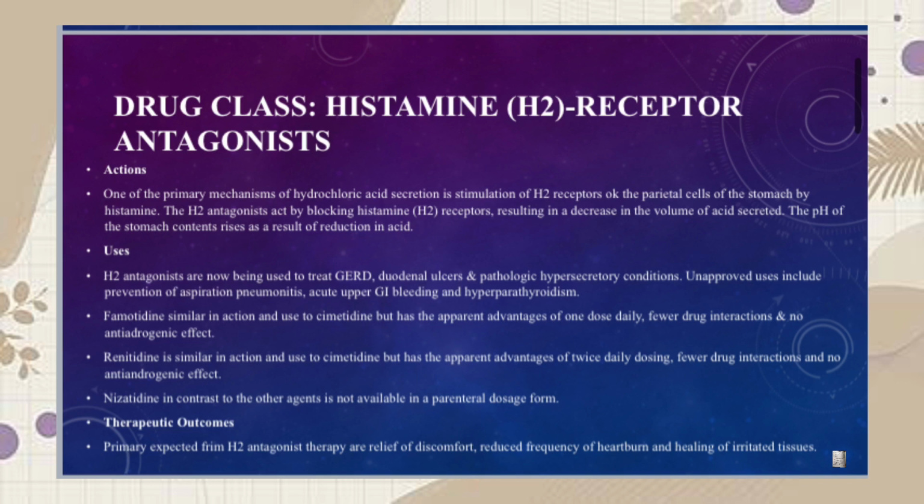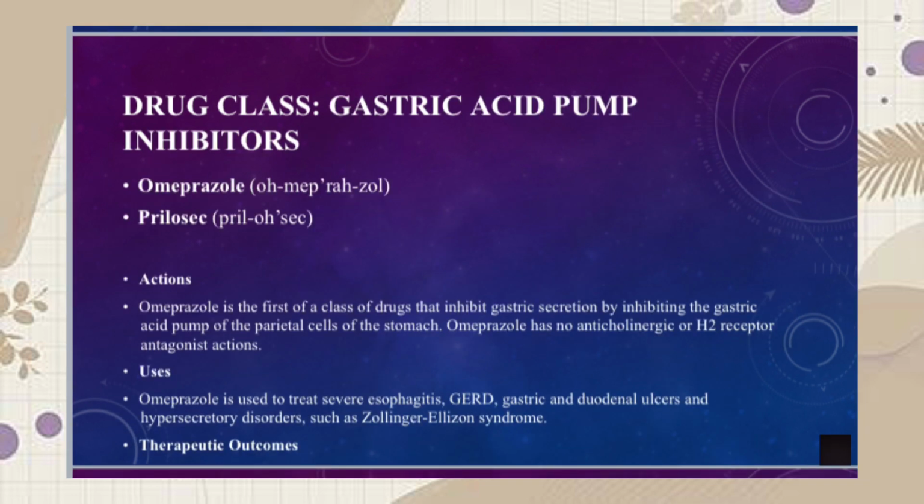Therapeutic outcomes. The primary therapeutic outcomes expected from H2 antagonist therapy are relief of discomfort, reduced frequency of heartburn, and healing of irritated tissues. Drug class: gastric acid pump inhibitors, brand name omeprazole. Actions: omeprazole is the first of a class of drugs that inhibit gastric secretion by inhibiting the gastric acid pump of the parietal cells of the stomach.